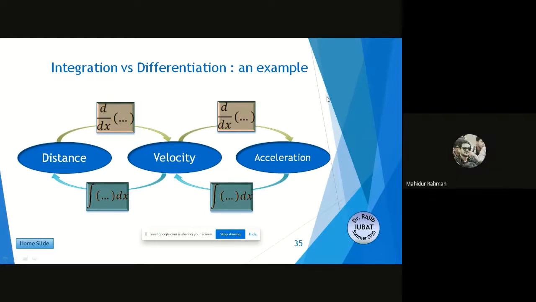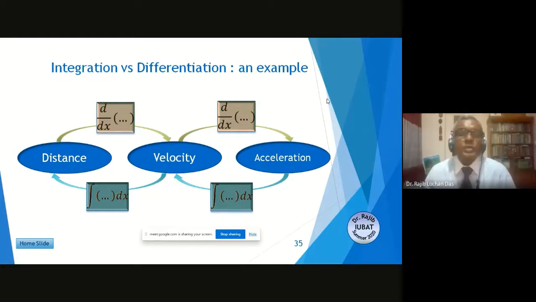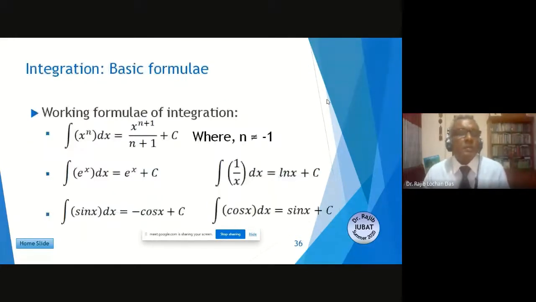Yes, sir. Okay, so let me move to the next slide. In this slide, I am giving you some basic integration formulas. You can just write them down, copy all of these. I will use them in example problems in the next class.